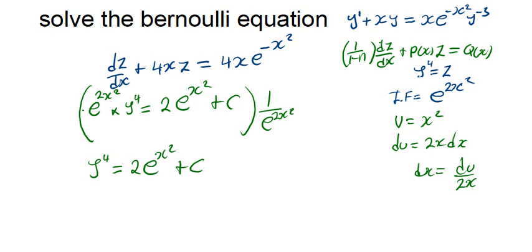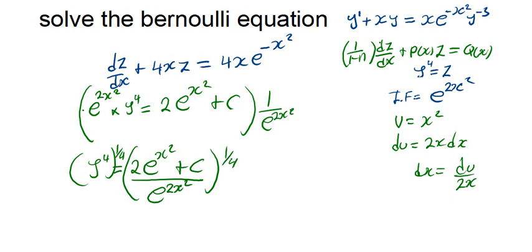Then this is going to be divided by this one here, which is my e to the 2x squared. Then to write it in terms of y, not y to the fourth, I'm going to take the fourth root, which is the same as just writing 1 over 4 here. Then I do the same here as 1 over 4.